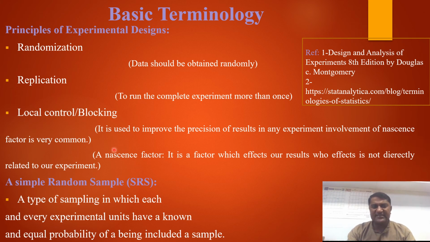Involving a nuisance factor is very common. What is a nuisance factor? It is a factor which affects our results, whose effects are not directly related to our experiment. What is the SRS? A simple random sample, a type of sampling in which each and every experimental unit has a known and equal probability of being included in a sample.